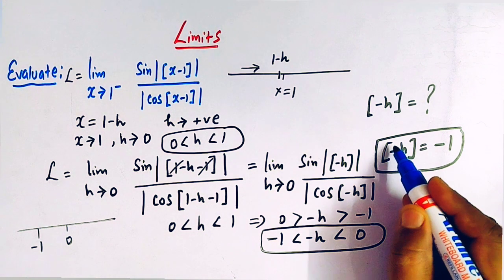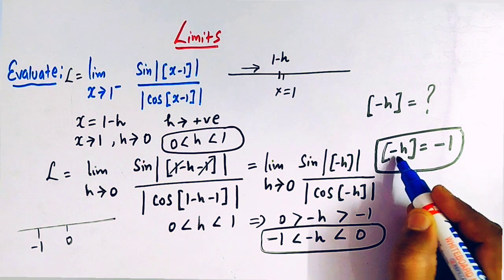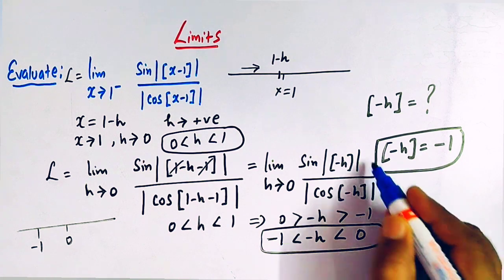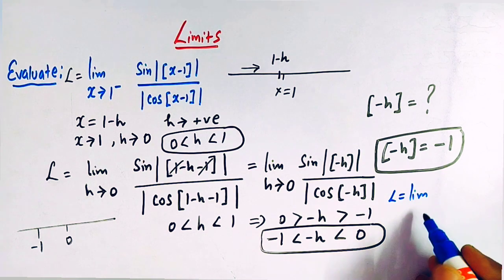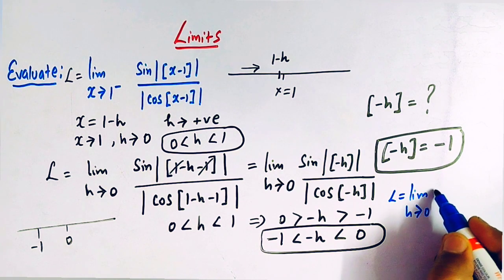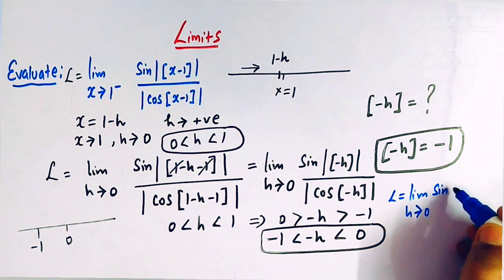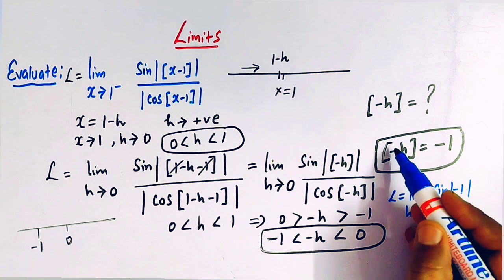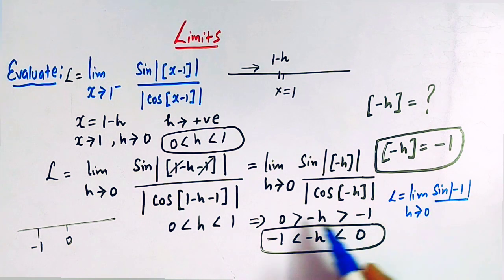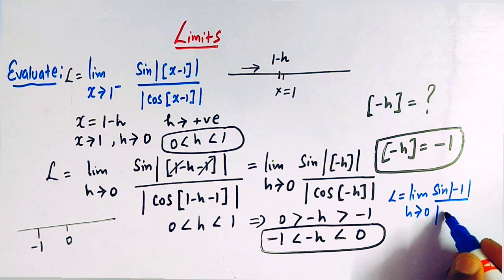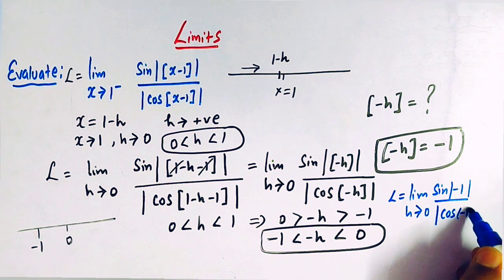So now this limit can be written as the limit h tends to 0, of sin of mod of -1, because greatest integer of minus h is equal to -1, and in the denominator mod of cos of -1.